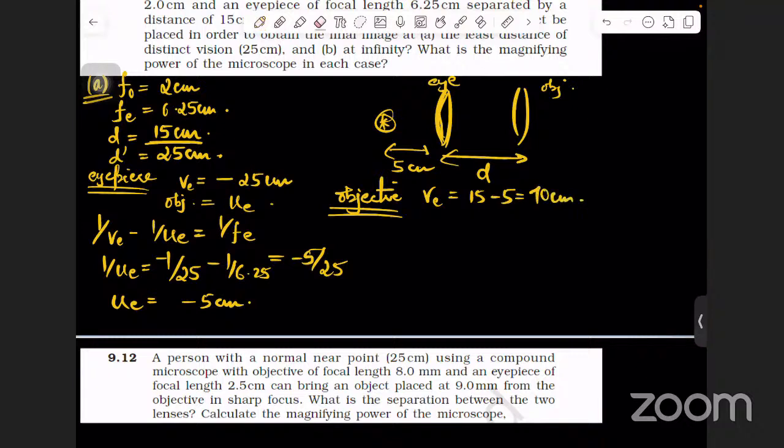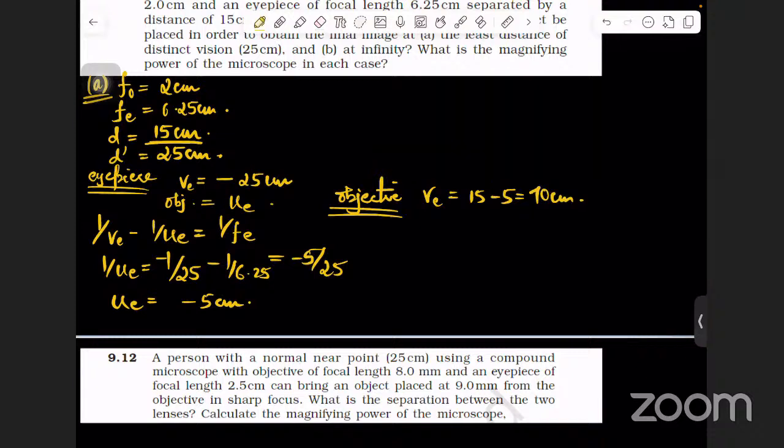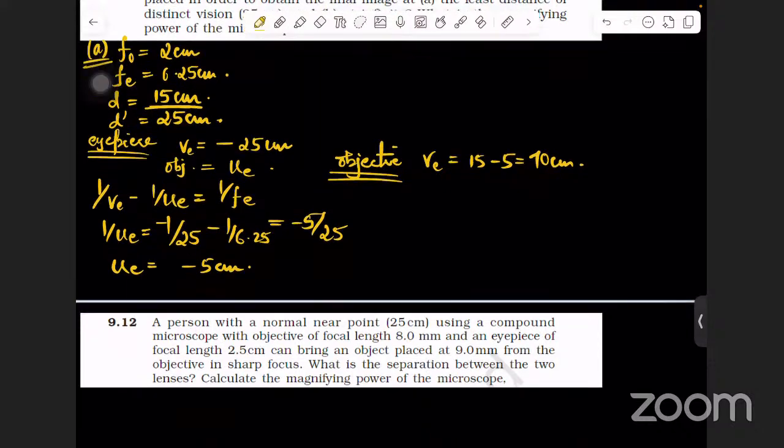That's VO, and we know the focal length of the objective is 2 centimeters. Again, 1 upon VO minus 1 upon UO is 1 upon FO, right?